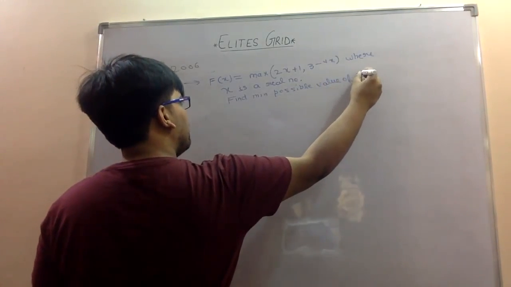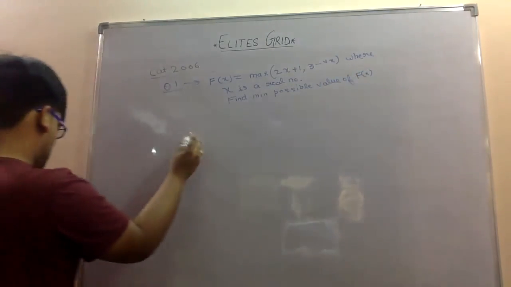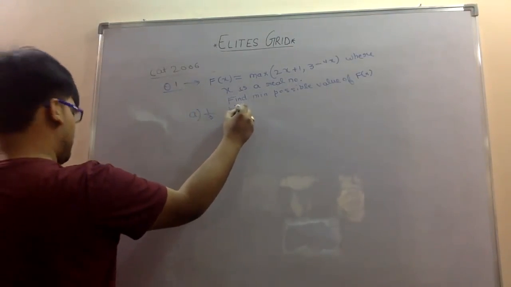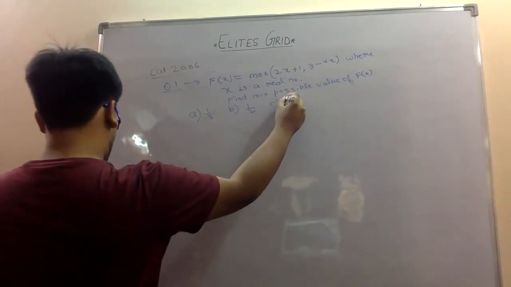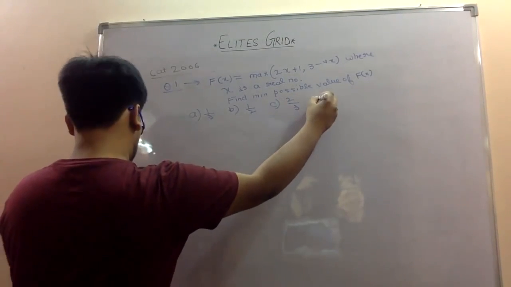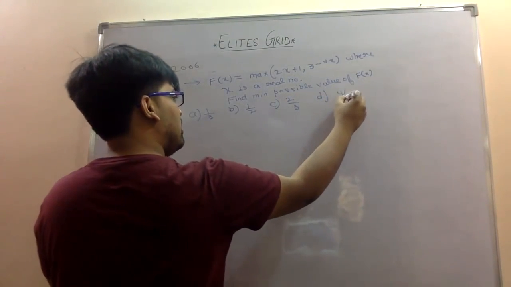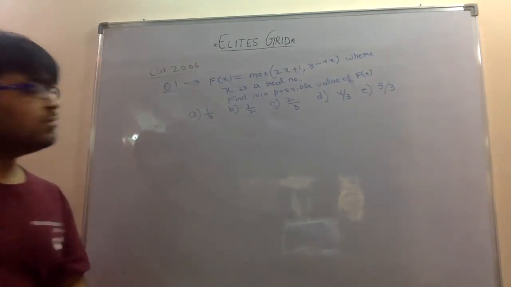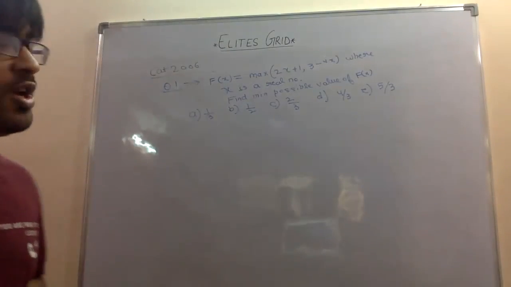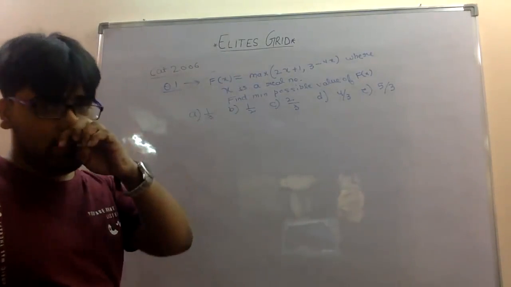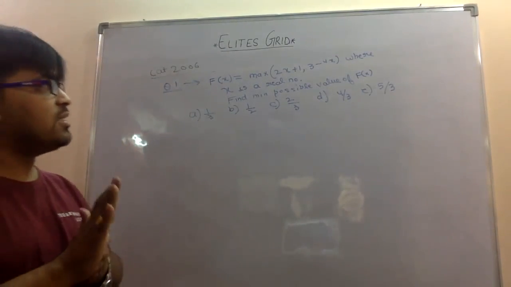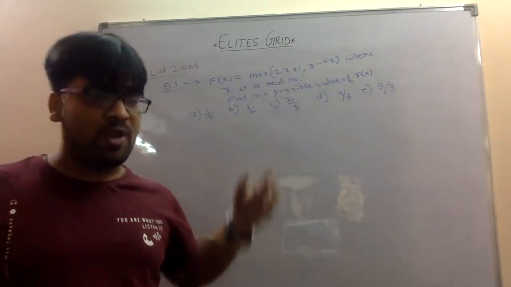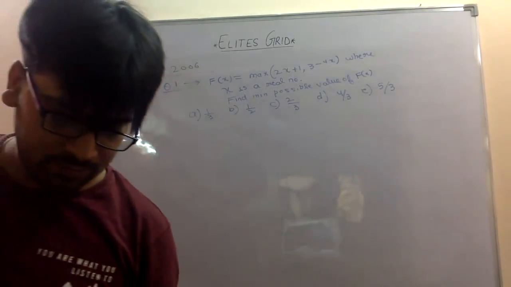Options: A is 1/3, B is 1/2, C is 2/3, D is 4/3, and E is 5/3. CAT 2016 question: f(x) is equal to the maximum of 2x + 1 and 3 − 4x, where x is a real number. Find the minimum possible value of f(x). Try this question.